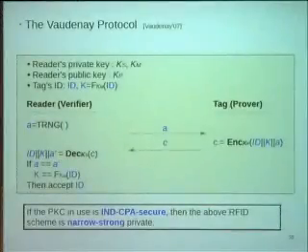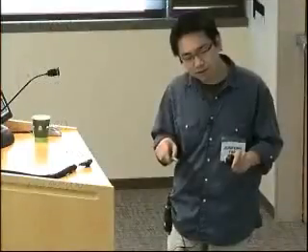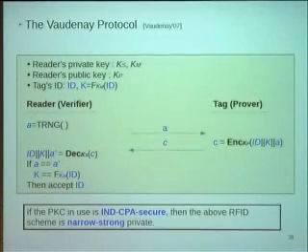Strong and narrow are ways you characterize an attacker. Strong means that an adversary can open the tag, read the ID and key out, close the tag and put it back into the system. That's a really strong adversary.